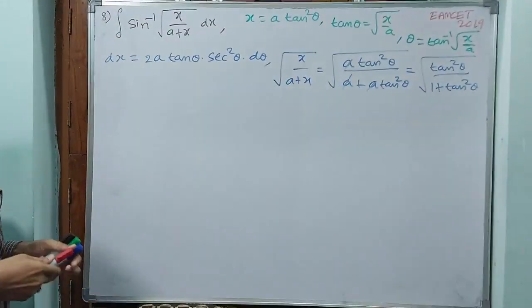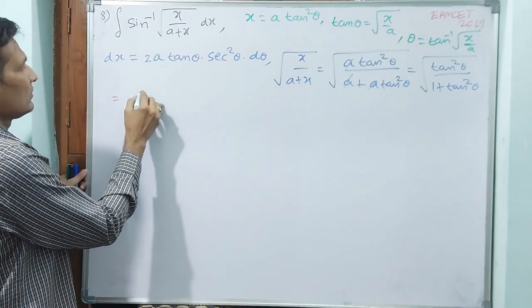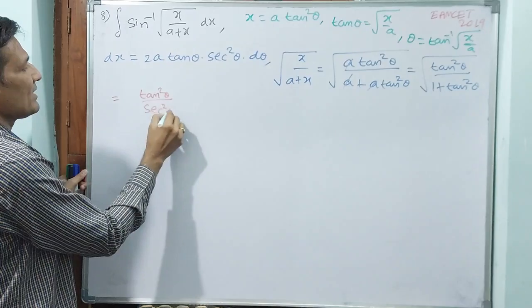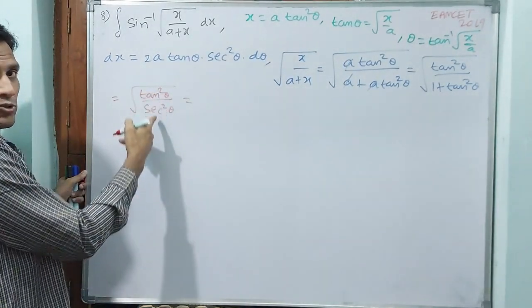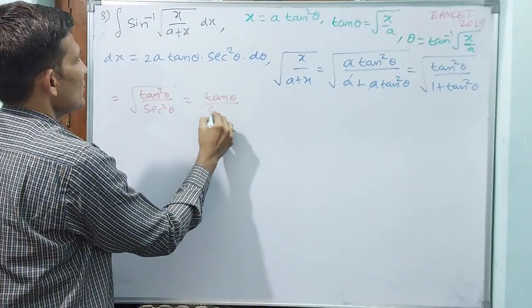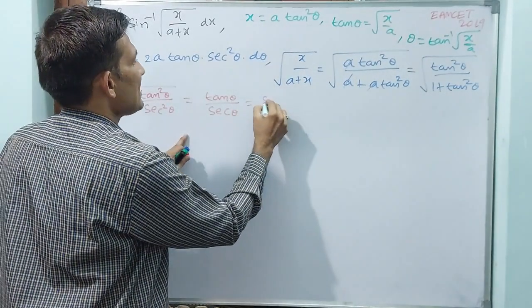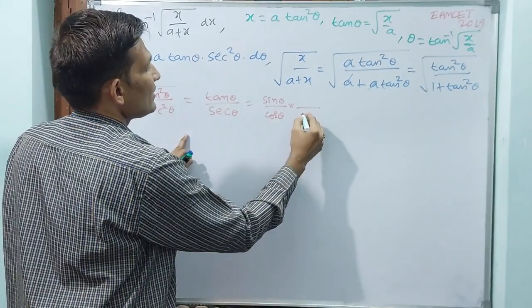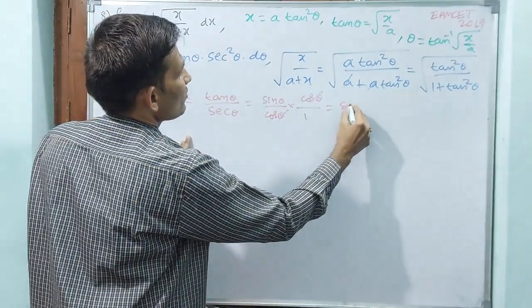Then it is going to become tan square theta by secant square theta under root. Now both are in squares. Square root you can remove. That means tan theta by secant theta. Again you can do that: tan theta means sin theta by cos theta, secant theta means 1 by cos theta. That is equal to sin theta.